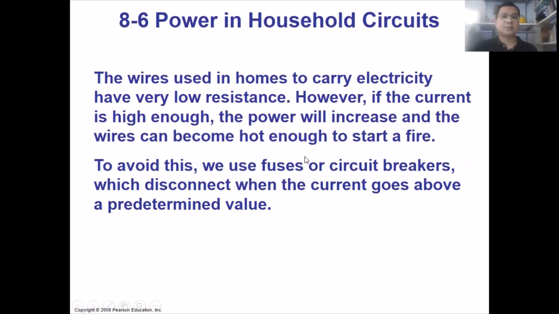Power in household circuits. The wires used in homes to carry electricity have very low resistance. However, if the current is high enough, the power will increase and the wires can become hot enough to start a fire. To avoid this, we use fuses or circuit breakers, which disconnect when the current goes above a predetermined value.